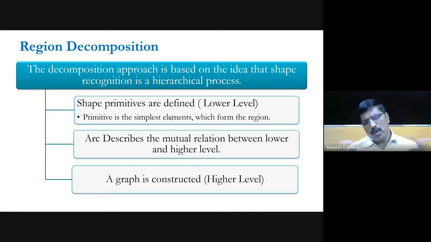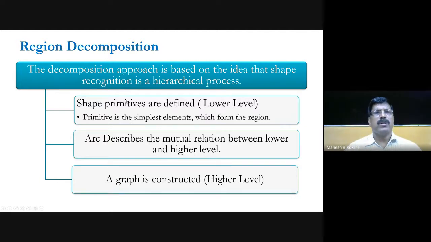Those primitives are then used for constructing the graph. The arc describes the mutual relation between the lower and higher level. As you know, a graph consists of nodes and edges, and these edges are connected between two nodes.